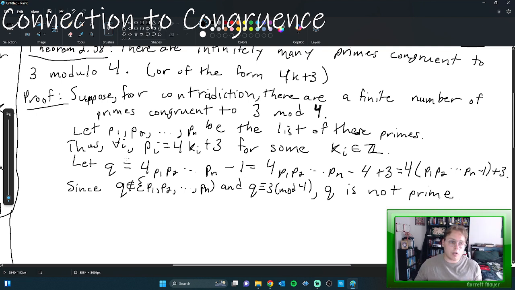Because this is the list of all of the primes that are congruent to 3 mod 4, q is not in that list. Because q is this product of all of them, and it just wouldn't make sense for q to be part of this list, because it's 4 times that product minus 1. Like, q is much larger than any of these P's.